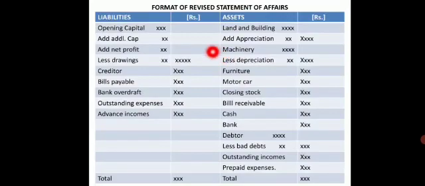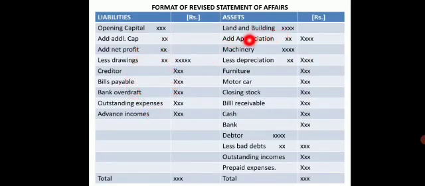Now this is the format of the revised statement. We can see we have started with opening capital, additional capital, net profit is added, drawings are deducted. After doing these adjustments, we have the adjusted opening capital, or adjusted capital. Then other liabilities like creditors, bills payable, overdraft, outstanding expenses, and advance incomes are all shown on the liability side.